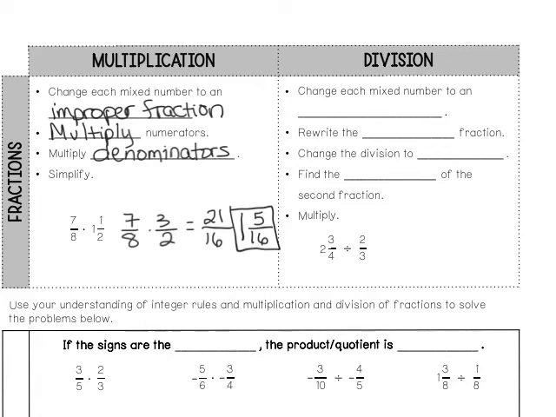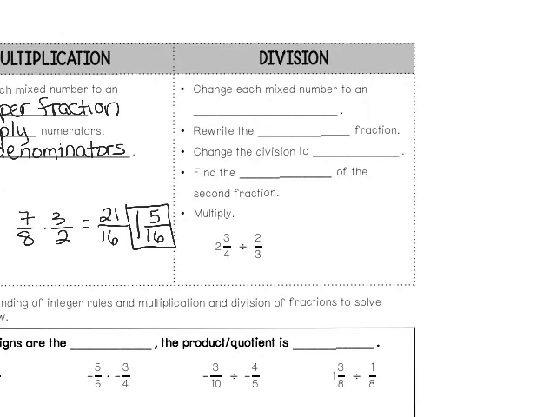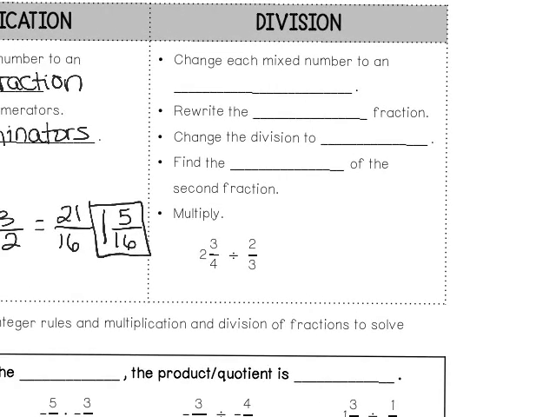Okay, so now over here to the division section, change each mixed number to an improper fraction. Rewrite the first fraction.